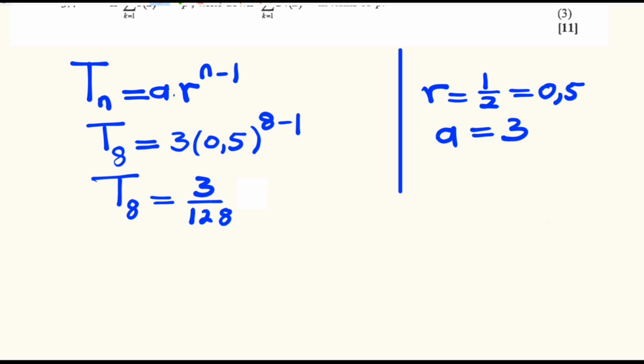So we were supposed to determine the Tn before we determine term number 8. So Tn will be equal to a. In the place of the a, we have 3, and our r is 0,5, or 1 divided by 2, and we have the n minus 1.